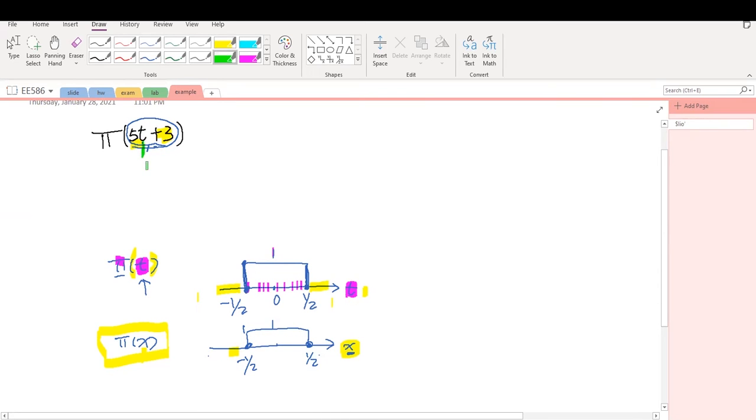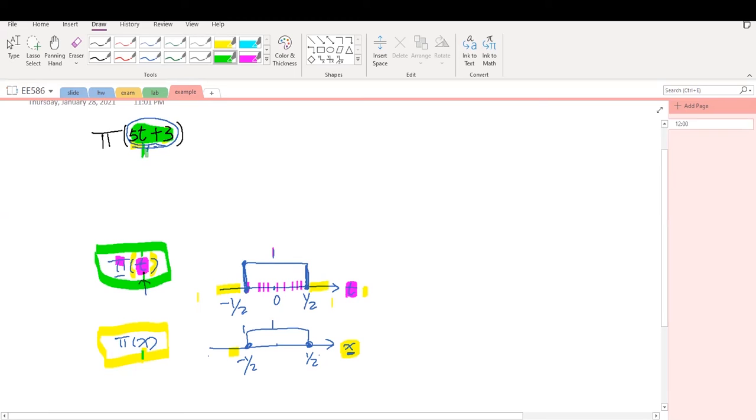This t and this t, although the same symbol, are different. This is the argument. The whole thing in this bracket has the same role as x for this function.